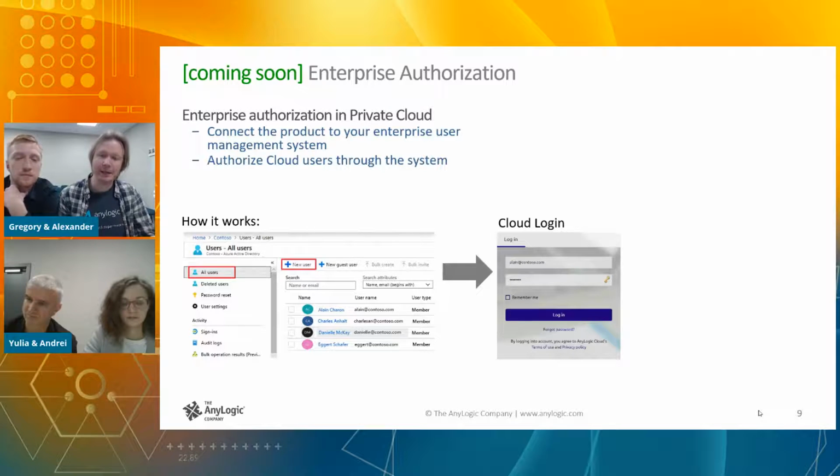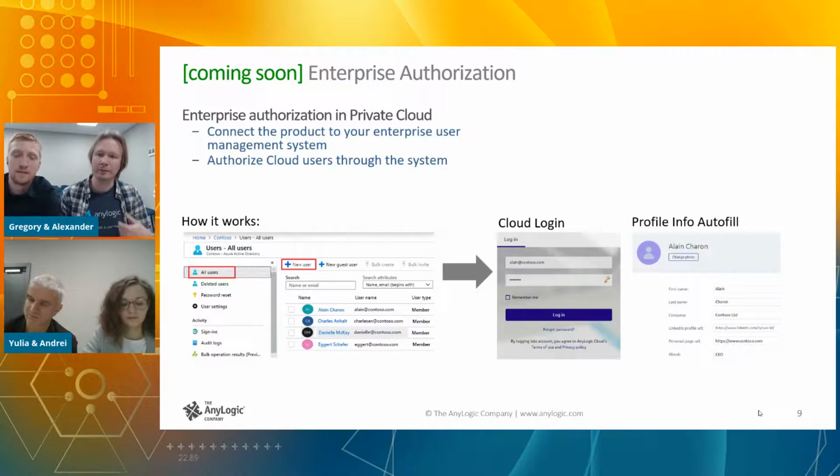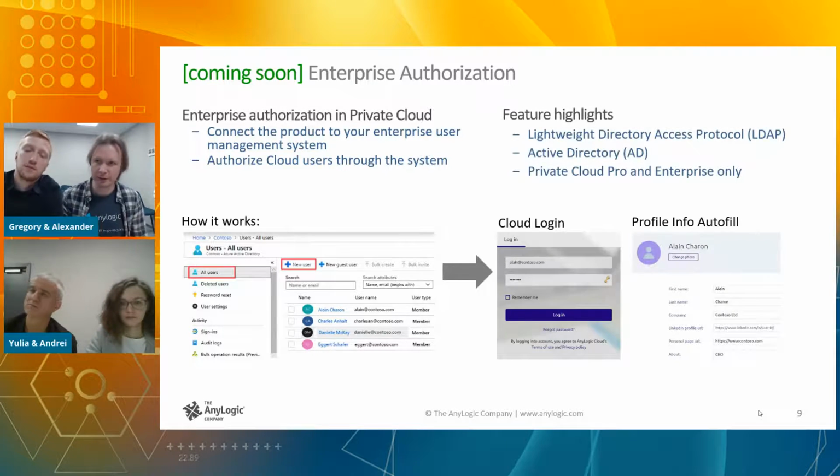Once the account is added, you can already use it to log into the cloud, and you can also see that all the user details get synchronized, like their first and last name, their password, and even the email address. So the system administrator will not have to update all this in order to block the account once the access gets revoked. They can also do this in their Azure Active Directory.